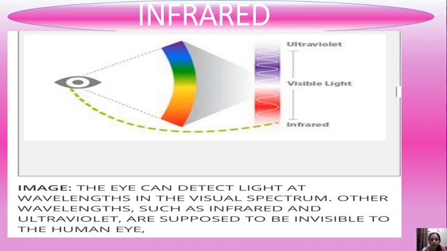The eye can detect light at wavelengths in the visual spectrum. Other wavelengths such as infrared and ultraviolet are invisible to the human eye. So this image is showing that infrared is invisible to the human eye.